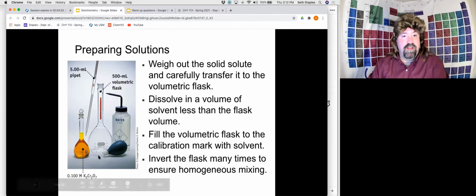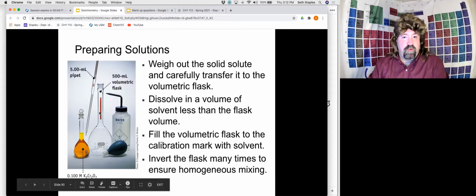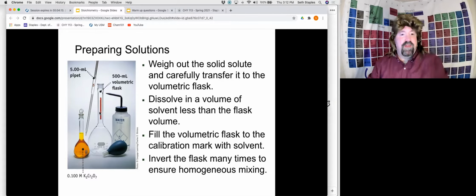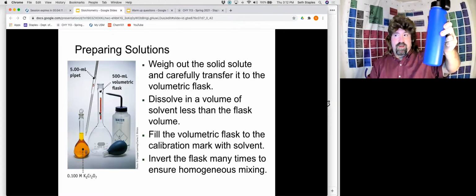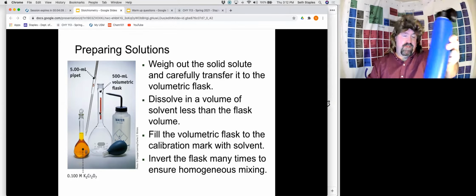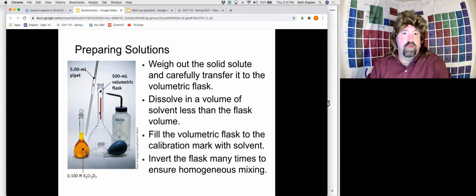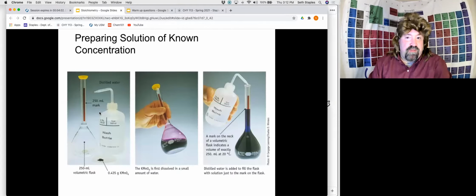So I add in my solid and then enough water to get up to my desired volume. Then I just invert the flask a few times, and I can give you a little example here. I'll do something like this. I'm inverting it in order to mix it up. And that's what that process would look like.